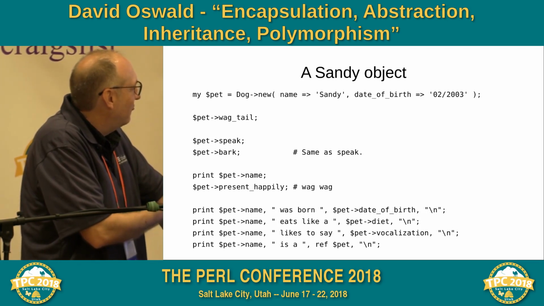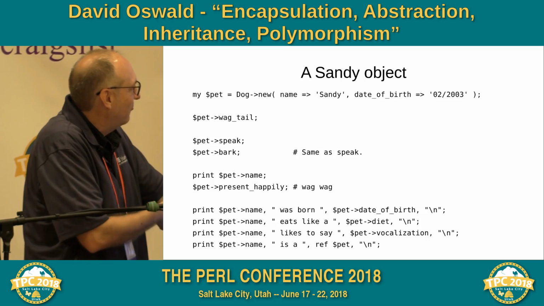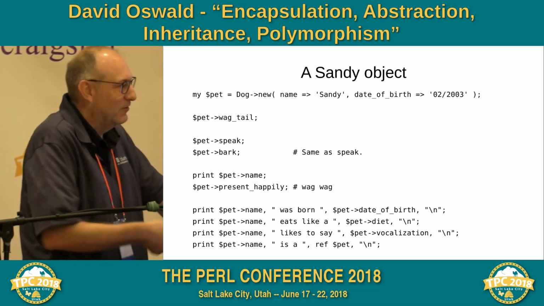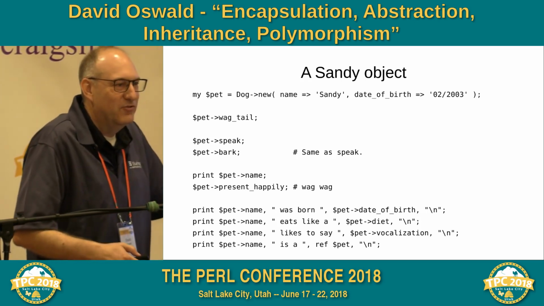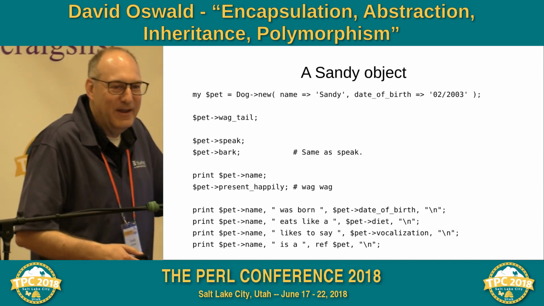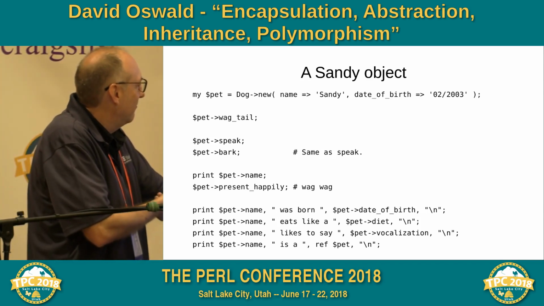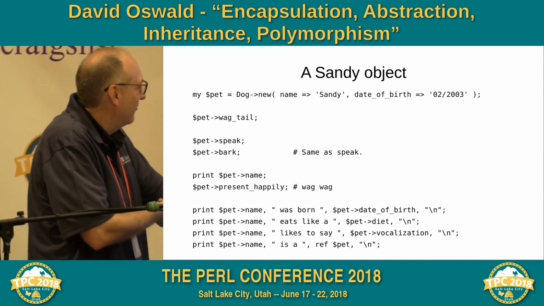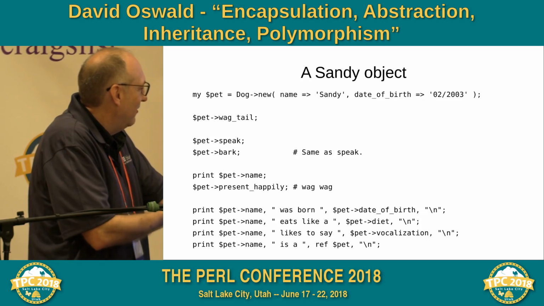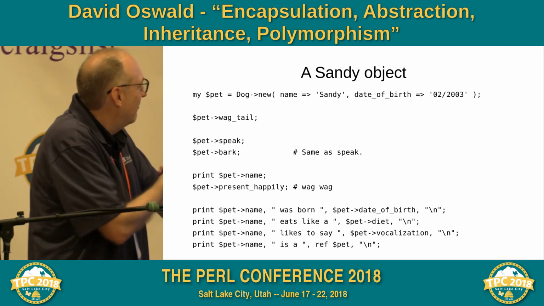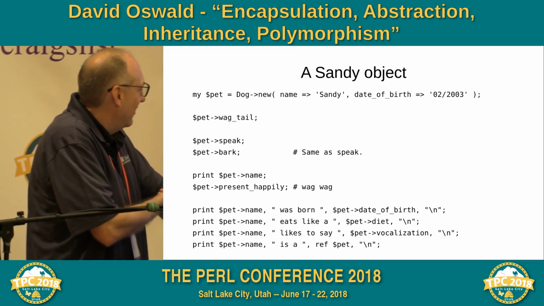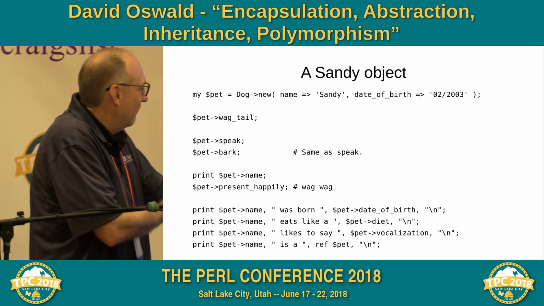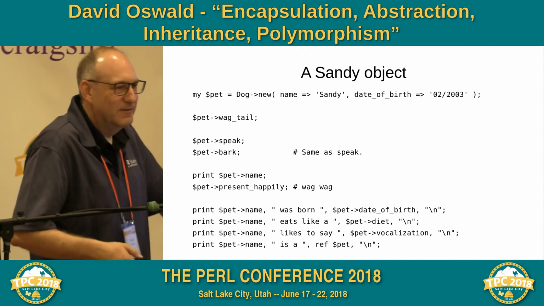She has a name, and she can present happily by wagging her tail. So we're not going to really call wag tail too much. We're going to say present happily because that's a more generalized approach to discussing how animals behave. We can request her name. We can say that she eats like an omnivore, like a carnivore, and that she vocalizes by saying bow wow or whatever it is that we said that she does, and that she is a ref pet, which would be a dog.